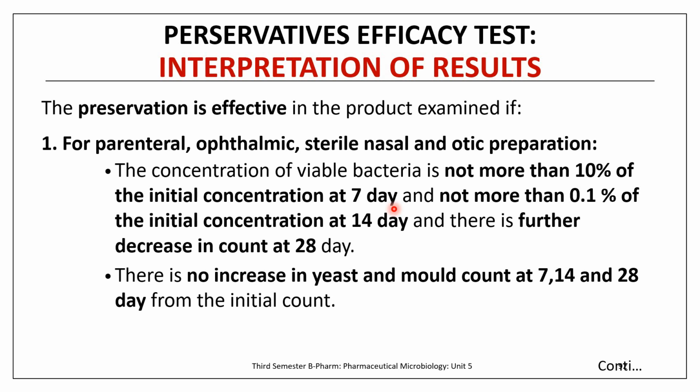So there is a large number of microorganisms. Then also it should reduce the number of microorganisms to 10% of the initial concentration. So that means with the effect of preservative, the preservative should kill 90% of the initial concentration. Okay, only if so can we say the preservative has efficacy.